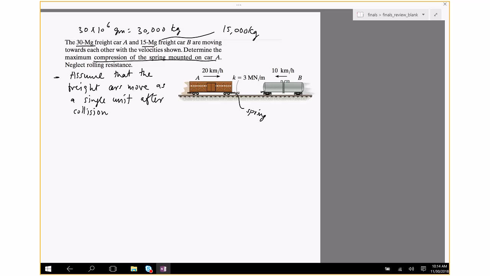So we also assume that there is no collision energy loss, because the spring stores the energy.